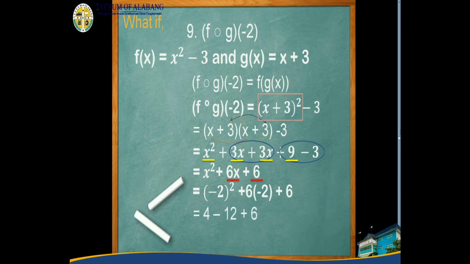Negative 2 squared is equal to 4. 6 times negative 2 is equal to negative 12. Therefore, f composition of g of negative 2 is equal to negative 2.